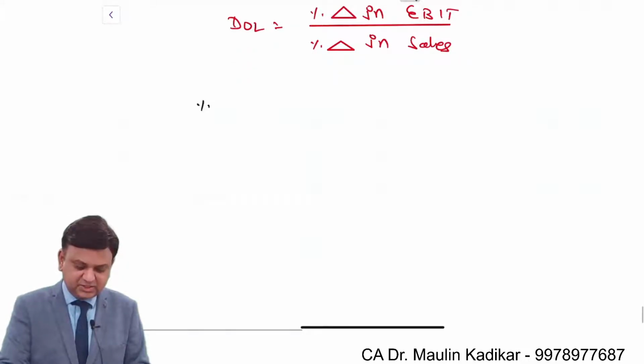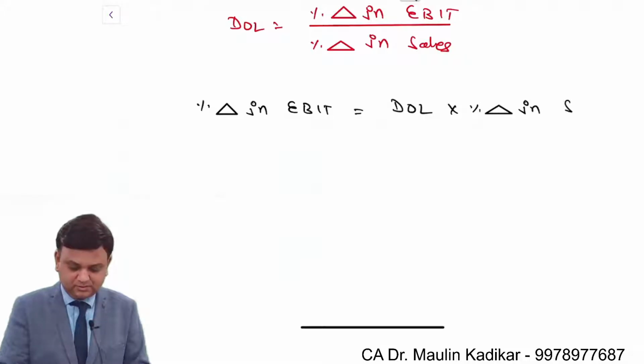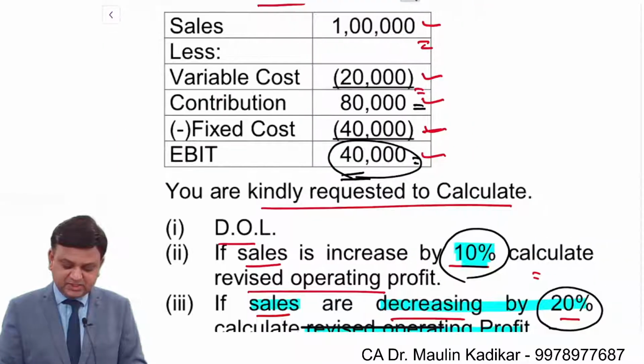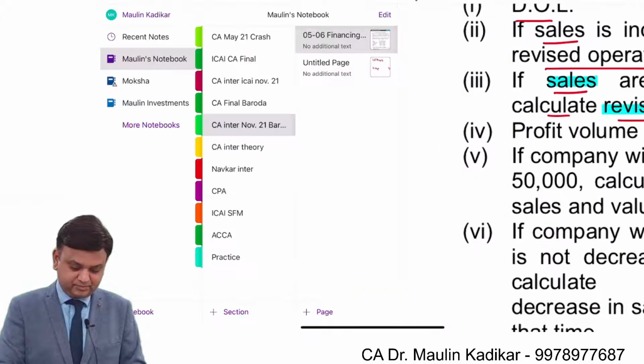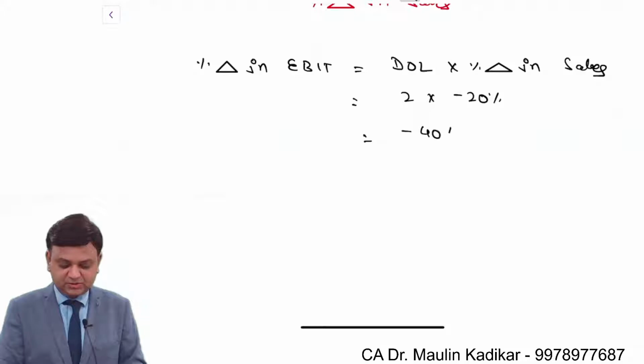So percentage change in EBIT is equal to DOL into percentage change in sales. What is DOL? It is 2. What is the percentage change in sales? It is a 20% reduction, so negative 20%. So 20 into 2, that is 40%.